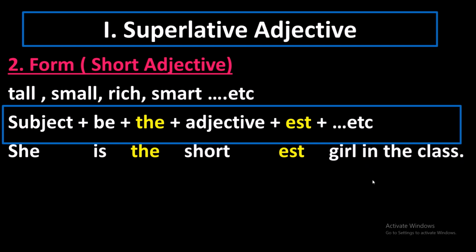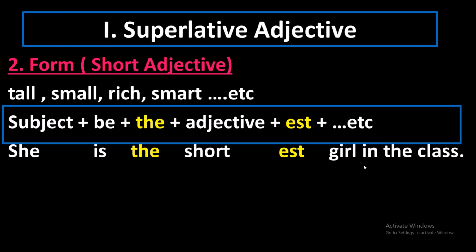You can put anything in the world or anything else. So she is the shortest girl in the class. There are many students in the class, not two, so she is the shortest one. So many girls, but she is the one that is shortest.